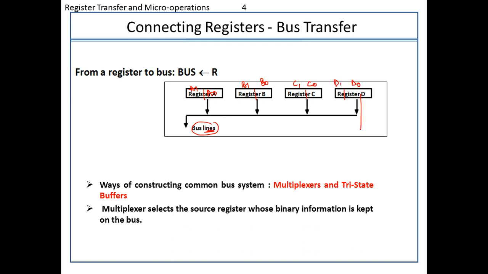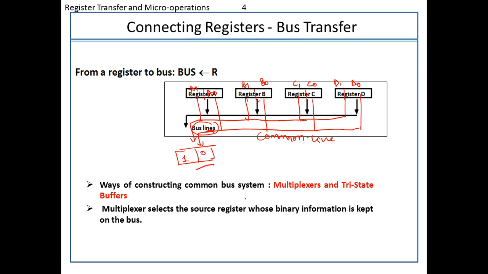Then what will happen? For transferring bit position 0, I will have one common line, okay? Same is the case for bit position 1; I will have another common line. Wherever I want to transfer the data, mostly it would be transferred to another register. Okay, so this is how I will be able to transfer the data on the common lines.